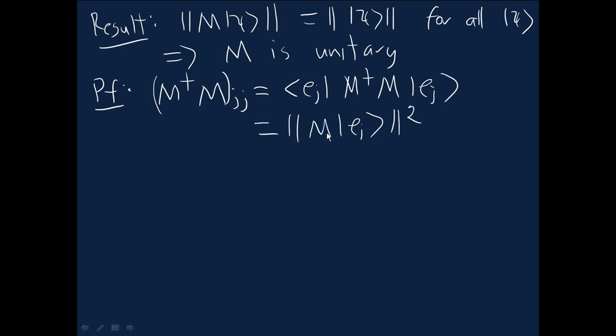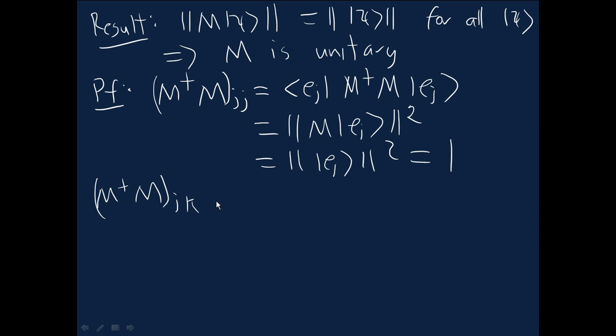But because M preserves lengths, that's equal to the length of EJ all squared, and EJ is a unit vector, so its length is just 1. So that tells us that, as we were hoping, M dagger M has all 1s on the diagonal. What about M dagger M on the off-diagonal? So when J, the jkth element, when J is not equal to K.